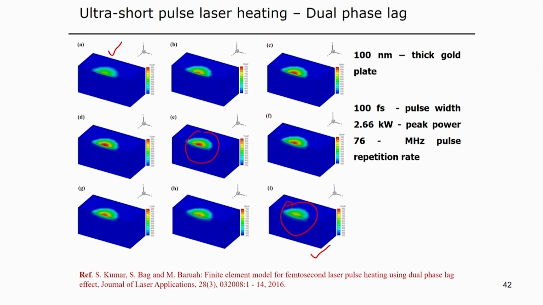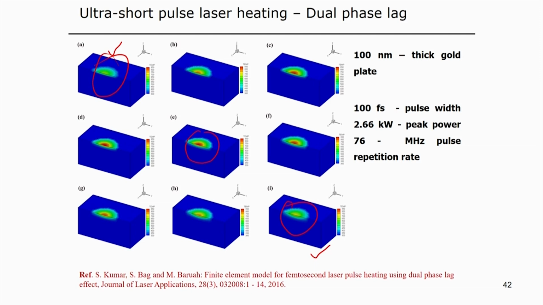There is some relaxation. That means, with the application of the heat flux, it is not instantaneously developing the temperature distribution to a certain depth. So, some time lag is required, some time lag exists, and that is obvious from all these simulated results.